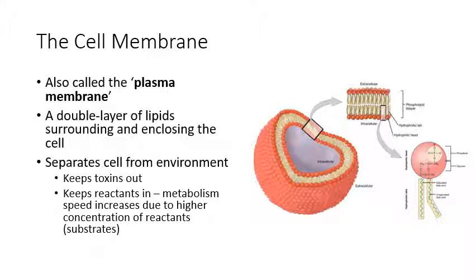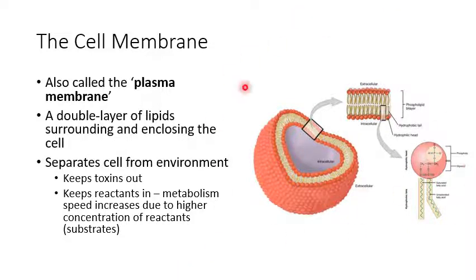So if you're able to concentrate those reactants in a small area, then you're going to raise their concentration and increase the rate of reactions that use them. So the cell membrane is able to do that by making sure that reactants stay inside the membrane and can't get out of it.